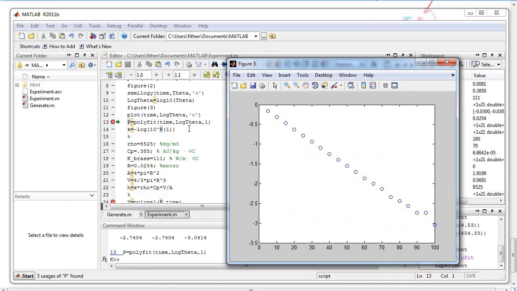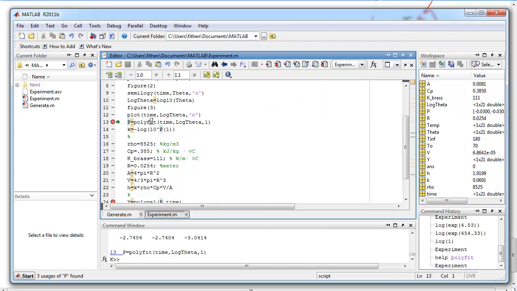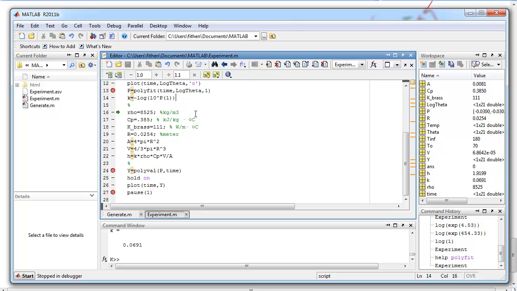I'm going to attempt to fit this, base 10, I do so. Then I figure out my K, which is 0.0691. These are my values that I looked up, but you need to double check these.